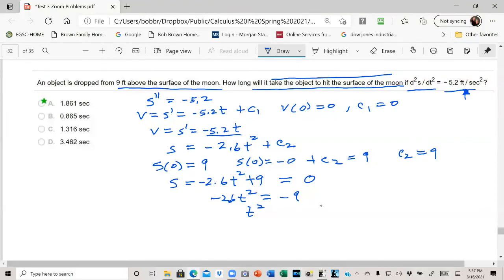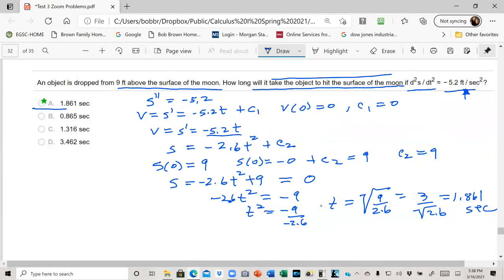So t squared is equal to minus 9 over minus 2.6. So t is equal to the square root of 9 over 2.6, which is 3 over the square root of 2.6, equals 1.861 seconds. So that's how long it takes for the rock dropped from 9 feet above the surface of the moon to hit the surface.